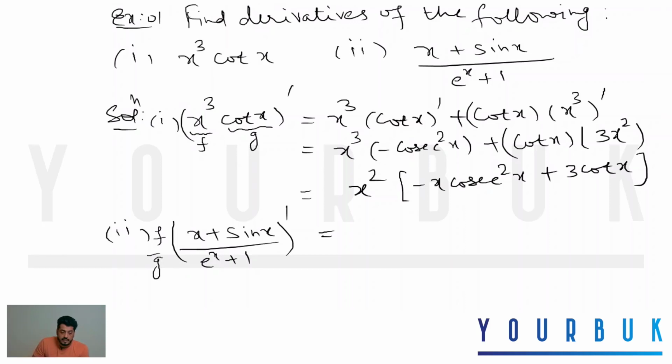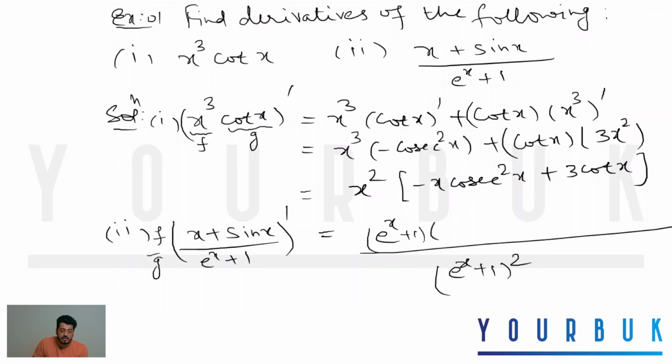So obviously in this case the derivative has g square in the denominator, and then in the numerator it is g f dash minus f g dash. I hope this is clear. I have just applied the definition of the quotient rule.